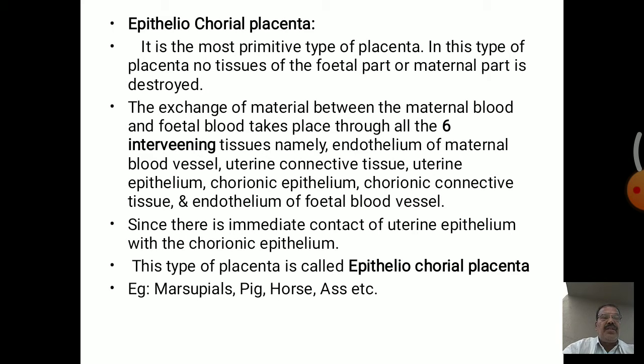Uterine connective tissue, chorionic connective tissue, and then uterine epithelium and chorionic epithelium. Like this, 6 layers of tissues are found in the epitheliochorial placenta. Relevant examples for epitheliochorial placenta are the marsupials, pig, horse, ass, etc.